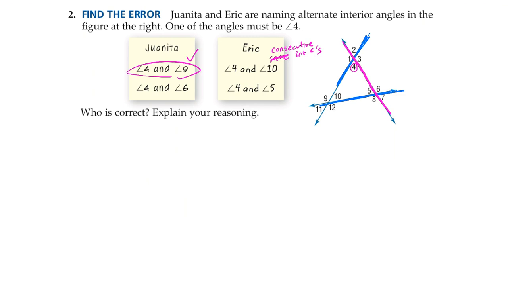Well, then its alternate interior angle is 6. Okay, so 4 and 6 work. Again, 4 and 5, that would be consecutive interior. So Eric's issue here is he's mistaking the concept of alternate sides with the idea of same side. And so he's naming consecutive interior or same side interior rather than alternate interior angles, okay? And so Juanita is right here.